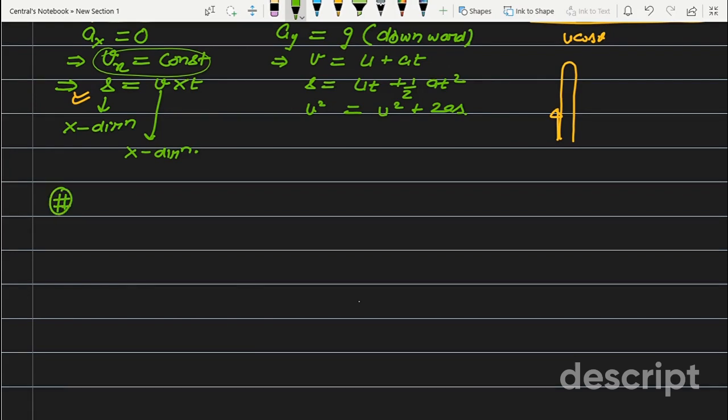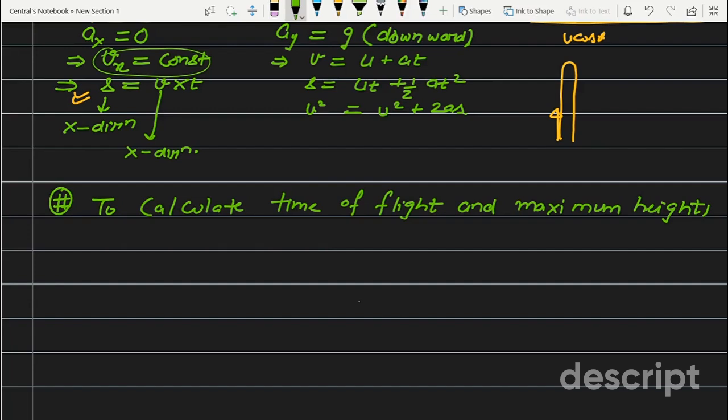So I'll tell you one important thing here. To calculate time of flight and maximum height, we will apply the equation in the y direction.